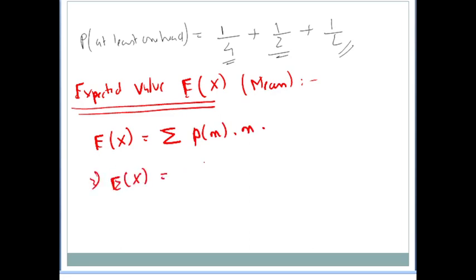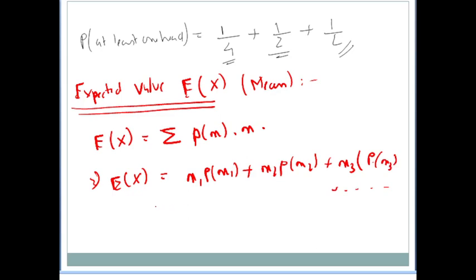E of x will be x1 p of x1 plus x2 p of x2 plus x3 p of x3, and so on. This will be the expected value or the mean.